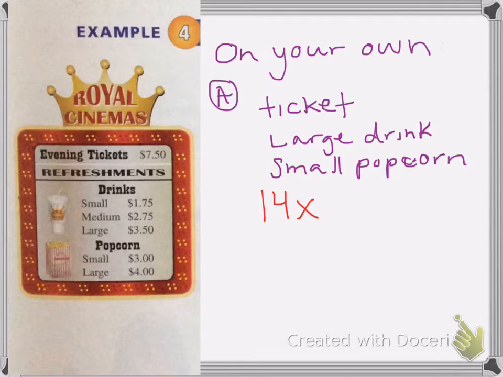Okay, so what this would look like is 7.50x because the price of the ticket didn't change, plus 3.50x. If you can't really see my decimals, I'm going to go ahead and make them larger in a bit, but I need to change my pen size, plus 3x. Those are decimals there.